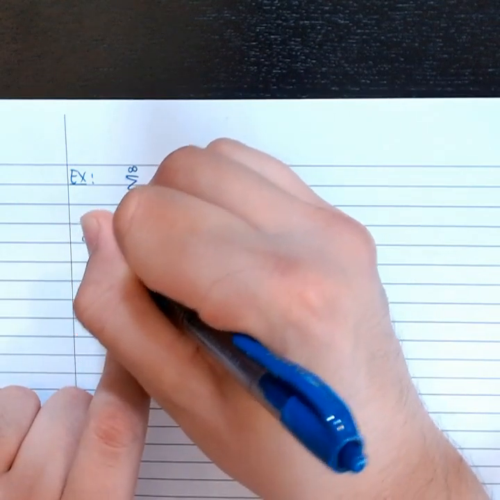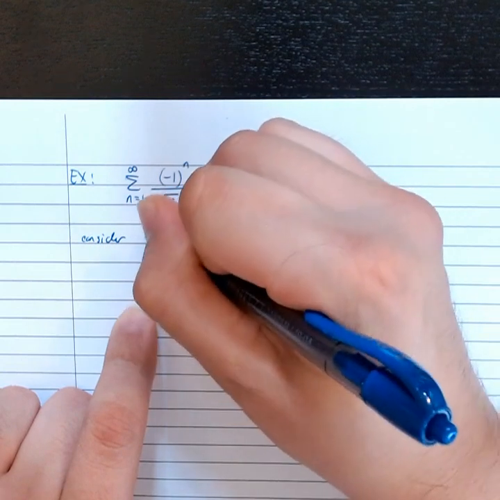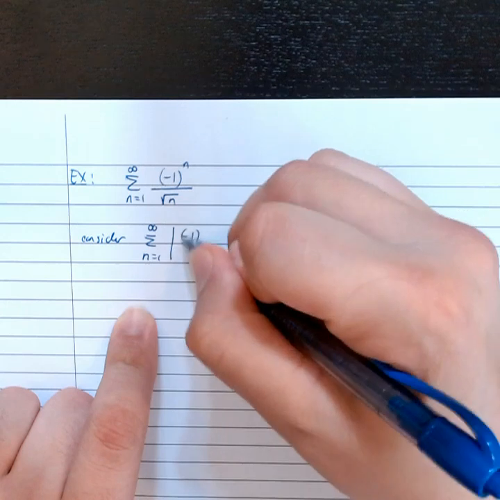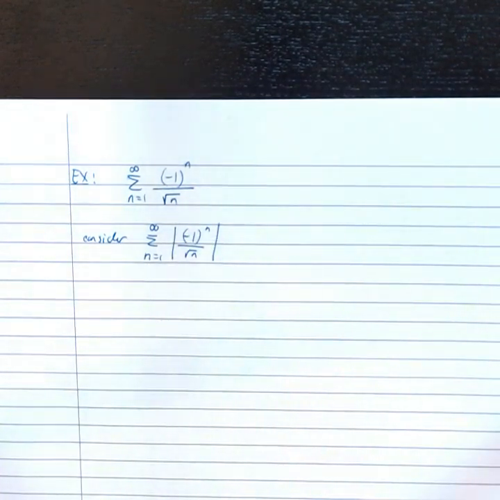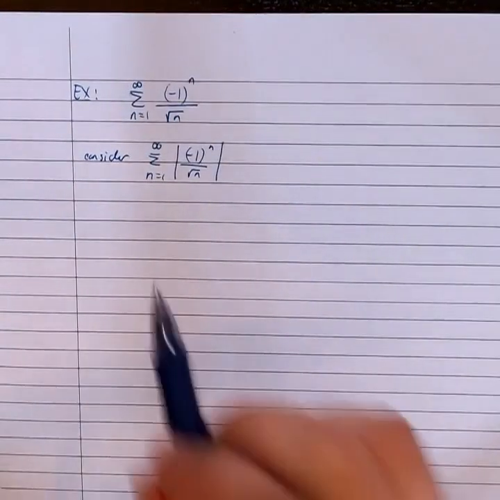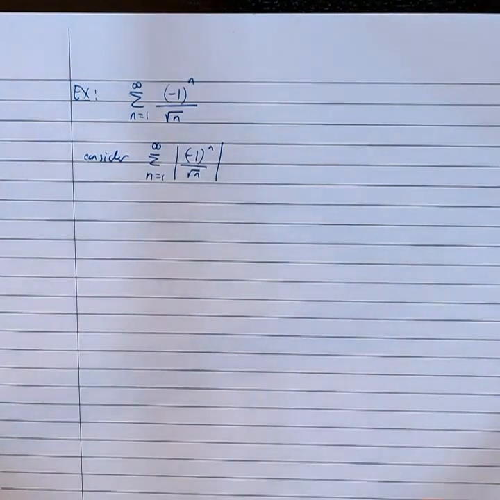So consider the series sum as n goes from 1 to infinity of the absolute value of negative 1 to the n over square root of n. Go ahead and pause the video and see if you can determine whether or not this converges. Once you have an answer, unpause the video and we'll go through it together.